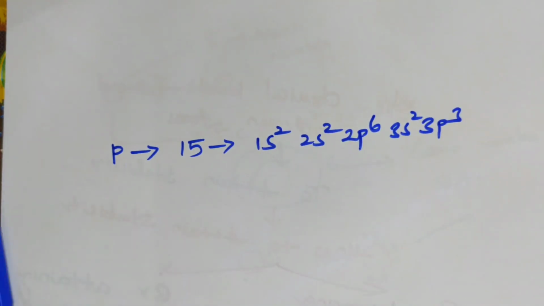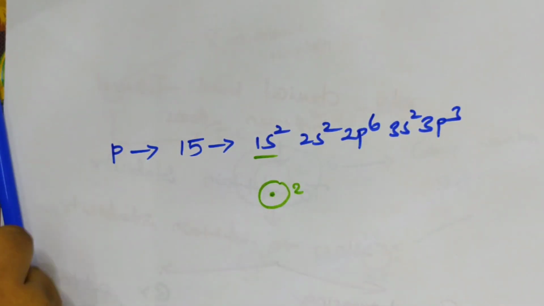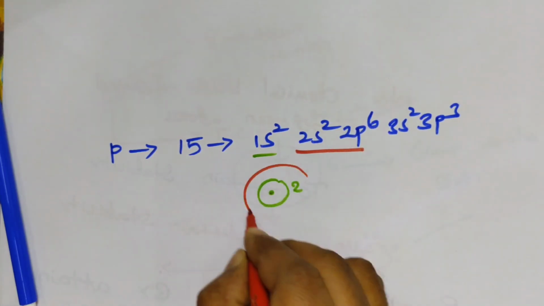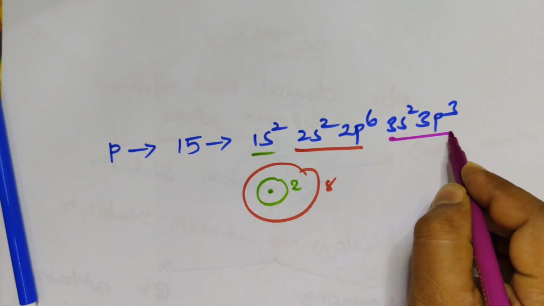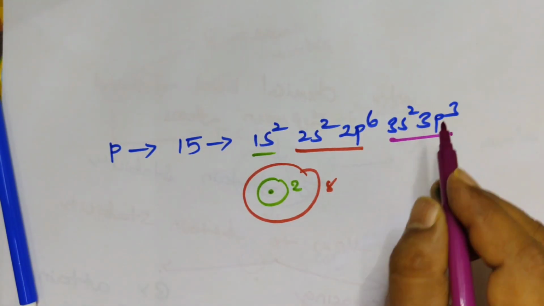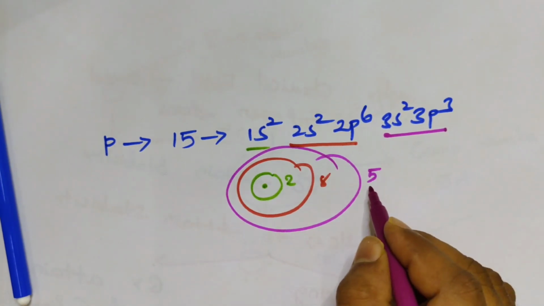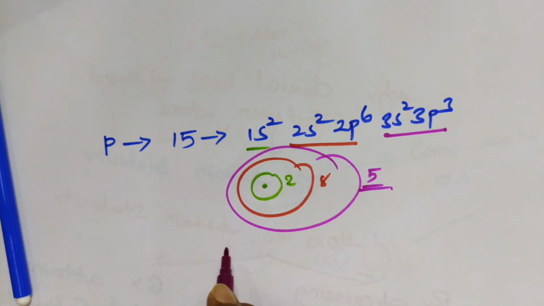First orbit, how many electrons? 2 electrons. Second orbit, 8 electrons. Third orbit, how many electrons? Very good, here 3, here 2, 5. So these are the valence electrons. These 8 and 2 are nothing but core electrons.